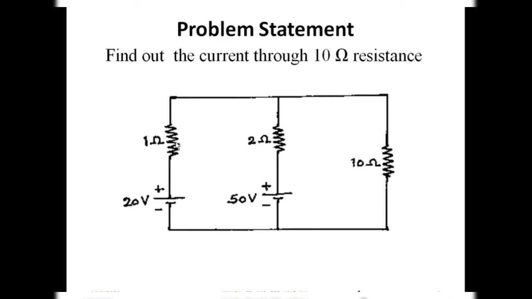There are two resistances, one is in series with this 20 volt battery, another in series with this 50 volt battery, and both these batteries connected in parallel, and they are again connected in parallel with 10 ohm resistance, and that current we have to find out by use of the Kirchhoff's current law and Kirchhoff's voltage law.